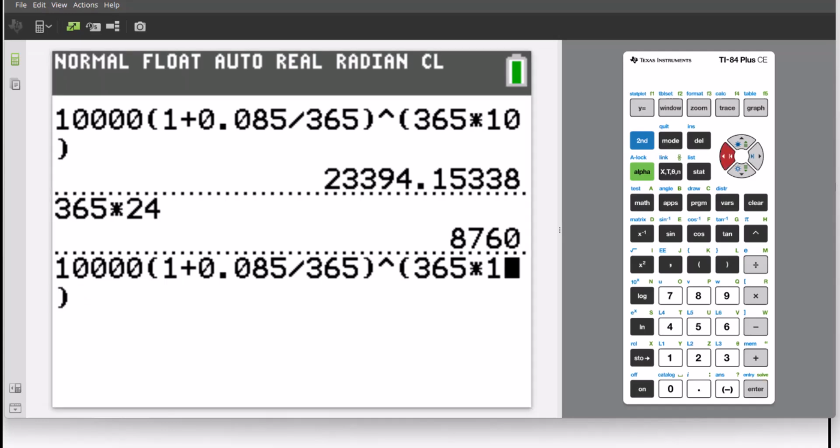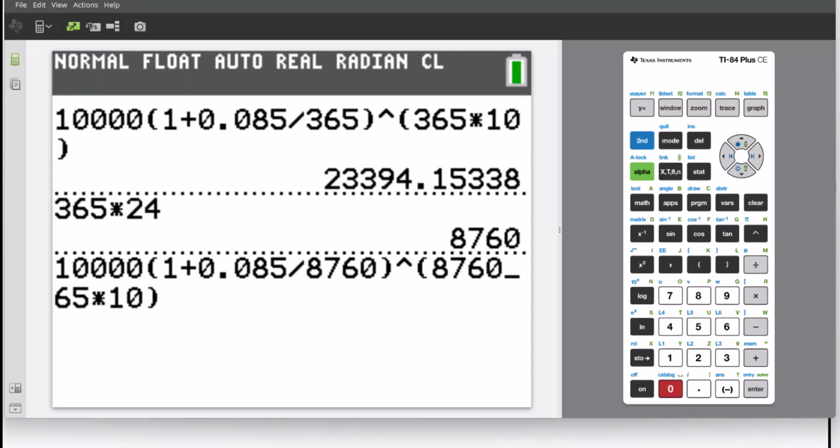And what I want to do is go back a few steps and insert the value that I care about, which is 8,760 in the denominator. Then erase 3, 6, and 5. And same thing again in the exponent. I'm going to go back and insert the 8,760.